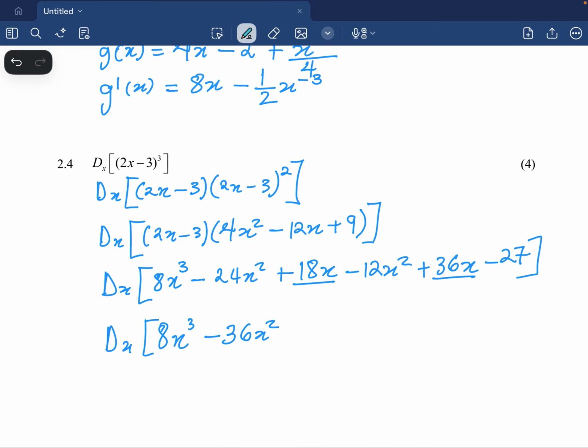So remember that 18x plus 36x is going to be a positive 54x. And then again we are going to have a minus 27. Now with the minus 27 here, it's just going to be a minus 27 because it doesn't have any like term.